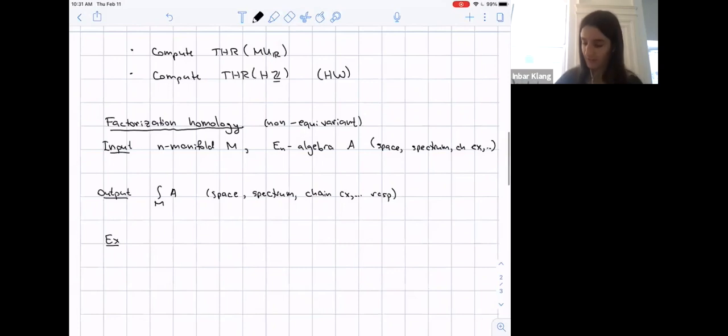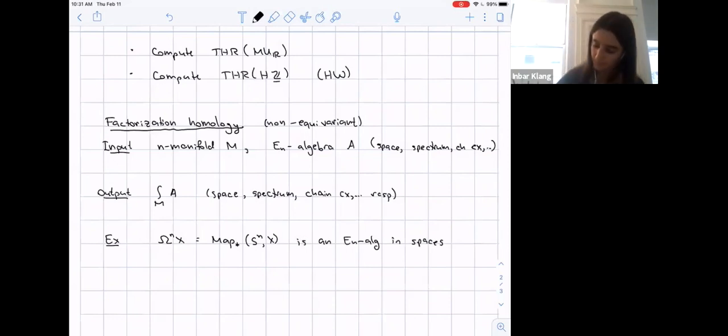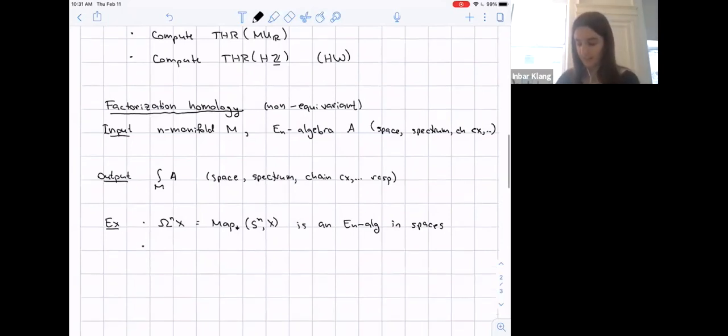Okay, so what are some examples of things that we can plug into here? Some EN algebras. So if you take loops N of some space X, the space of pointed maps from the N sphere into X, that's an EN algebra in spaces. And maybe also it's worth saying that every topological abelian group.